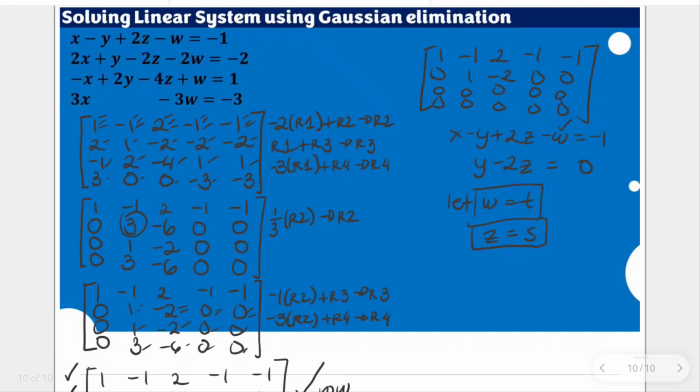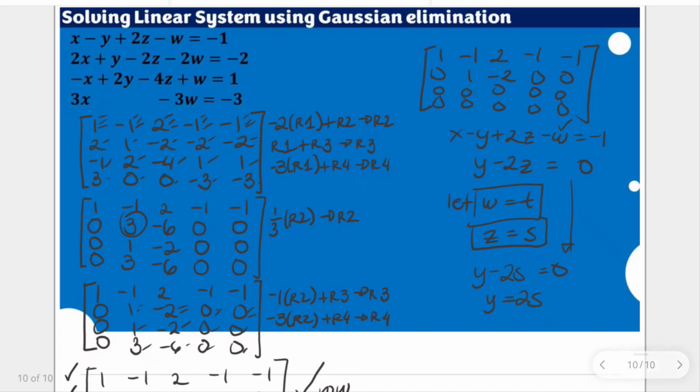So there are 2 variables represented by our arbitrary values t and s. So the second equation will become y minus 2s equal to 0. And we can solve y in terms of s.